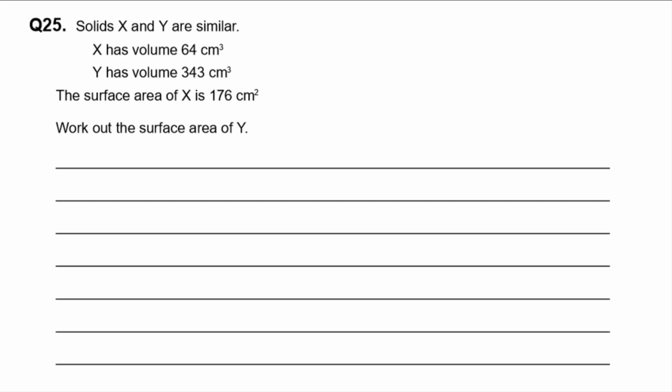Okay. Right, so we're going to have to work backwards this time. So now we've got X to Y, and we've got the ratio of their volumes now. So X is 64 to 343. Now you'll notice they are cube numbers, aren't they? So 64 is 4 cubed. Luckily I just did those, so I was thinking 64. I just worked that one out a second ago. That's 4 cubed.